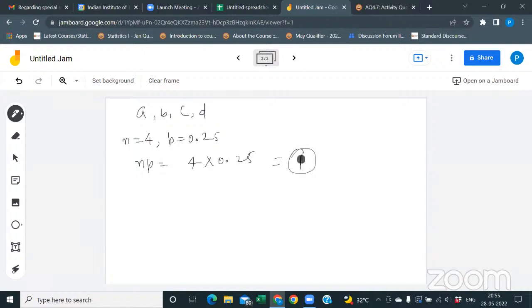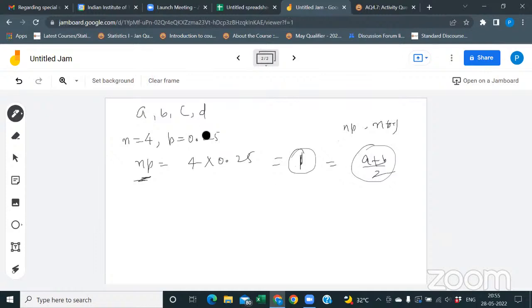See, your value of NP is an integer. When the value of NP is an integer, you have to take the average of the NP-th and (NP plus 1)-th observations, that is (a plus b) by 2. If it is in decimals, then I take the next bigger integer.